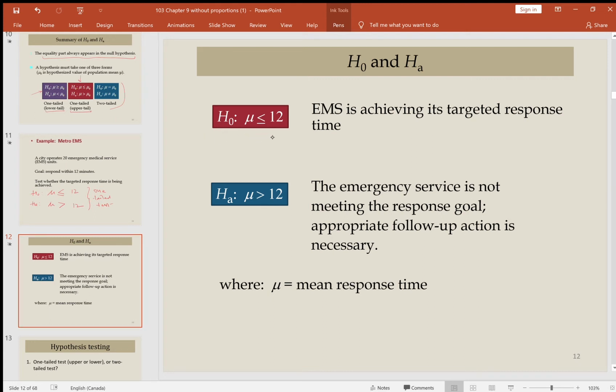Mu is less than or equal to 12, and alternate is mu is more than 12, where mu is the mean response time. Now, if we cannot reject the null, that means the EMS is achieving its targeted response time. And if we reject the null, that means the emergency service is not meeting the response goal, and some kind of a follow-up action is required.